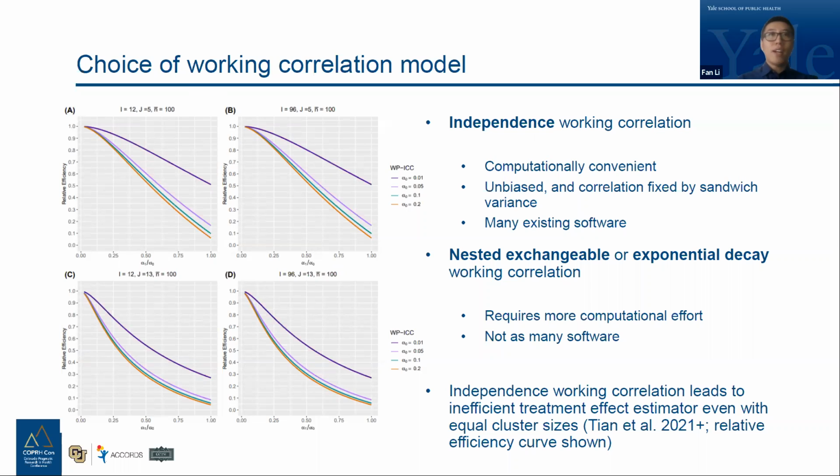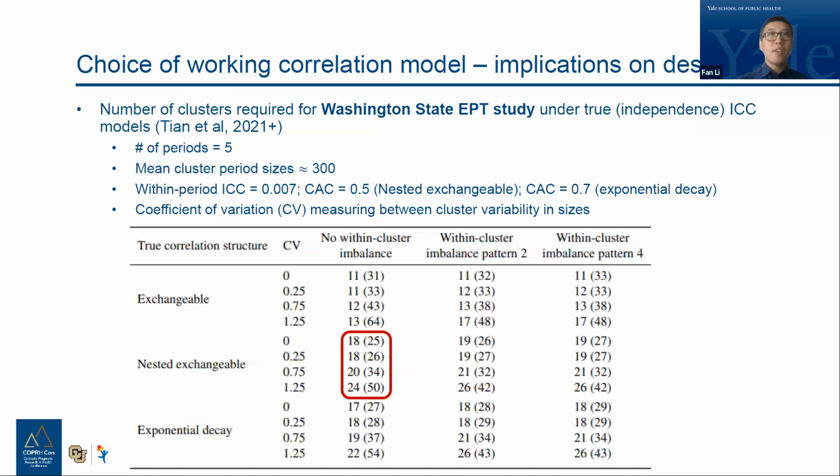Essentially, a smaller value of the relative efficiency means that the independence working correlation model can lead to a larger variance of the intervention effect, which may translate into lower power.